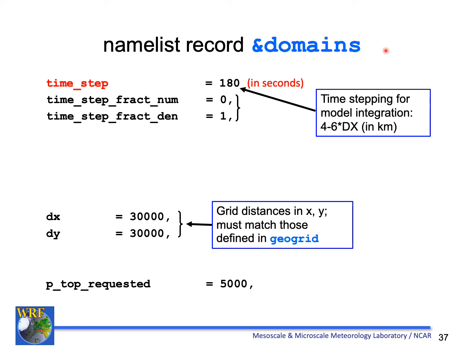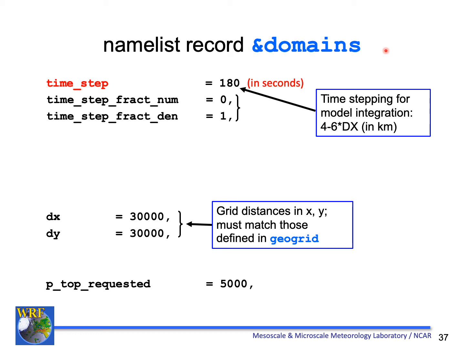The atmospheric flow condition can also impact the time step. The rule of thumb is 4 to 6 times the grid distance in kilometers. For example, for a 30-kilometer grid model, we can use up to 180, or 6 times 30, second time step.